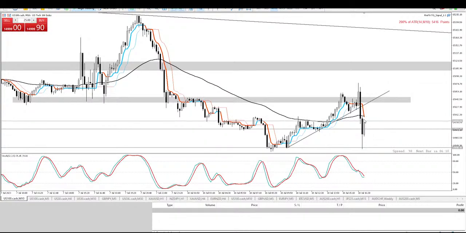All right, so if we do get a bullish engulfing here on the 10-minute, then that could be a good sign that things are turning around.